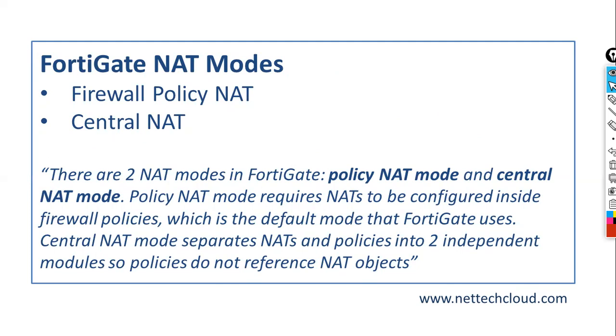Central NAT is similar to the NAT configuration that we do in other firewalls, and it is mainly for migration and some other purposes. So we can use either firewall policy NAT or central NAT. Most of the options would remain the same, so the types of NAT and even the translation types are identical.